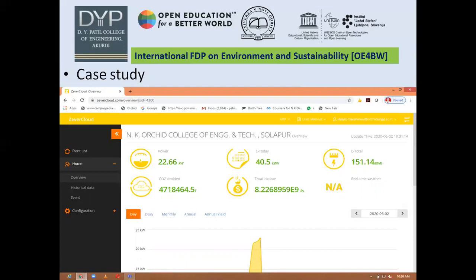Some net income is also calculated, that much we have saved. So in a study of the last 4 years, around 40% of our electricity bill has been reduced, right? Reduction in the CO2 emission and reduction in the financial resources used. So a step towards sustainability, we can say.